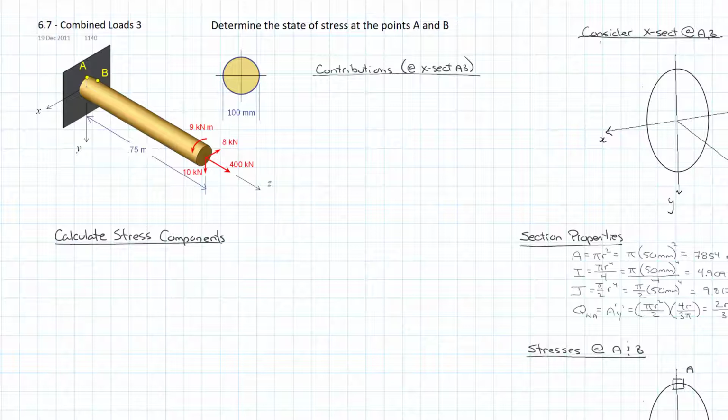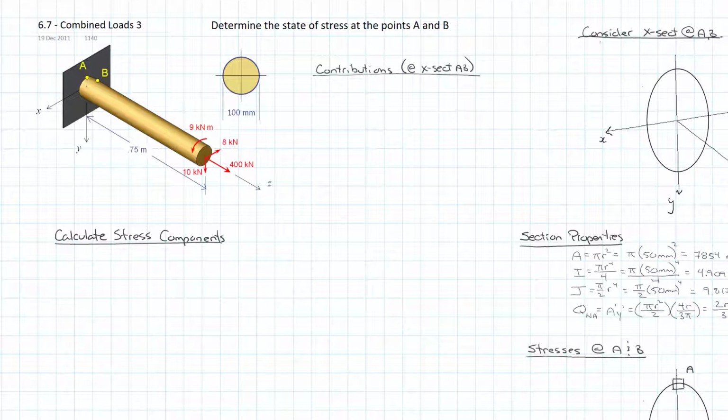So we're going to figure out what all these forces are contributing to forces at the cross-section AB. Then we're going to figure out what stress contributions each of those has at points A and B, add them all together, because we're going to use superposition to figure out what the net stress condition is at points A and B.